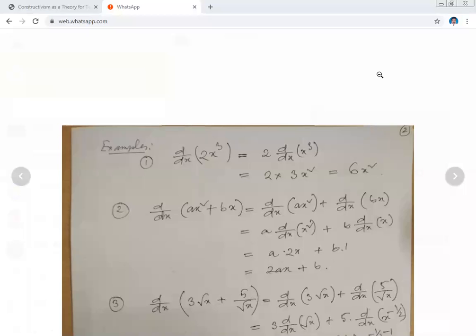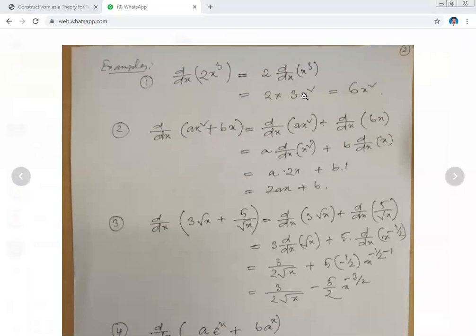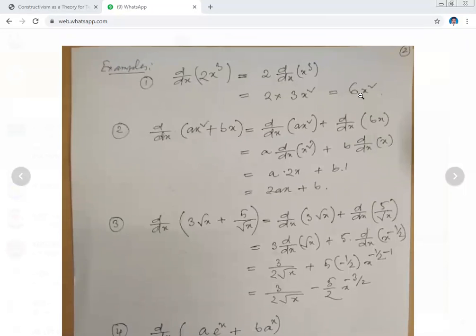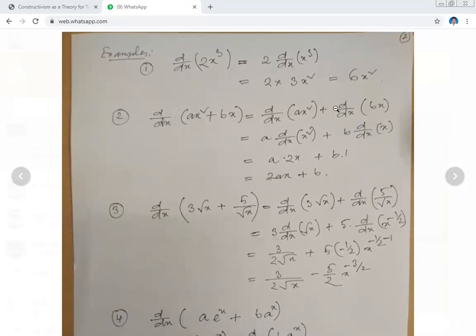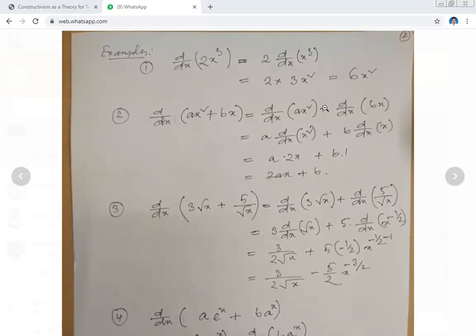The screen is visible. Actually, it's very simple to just tell me. Okay.